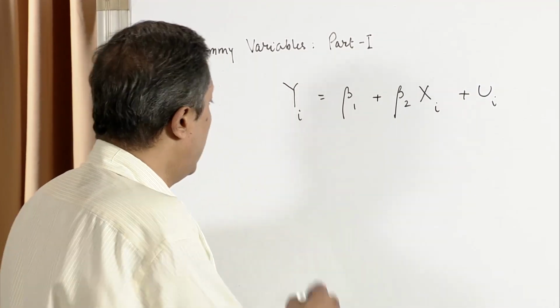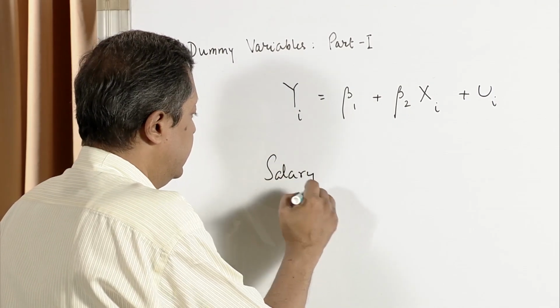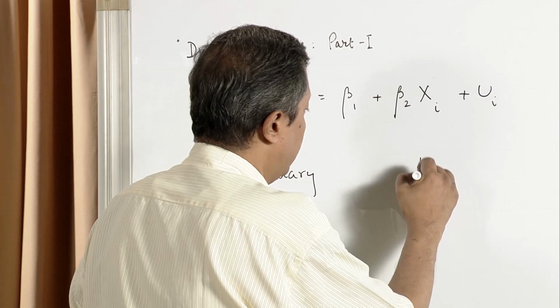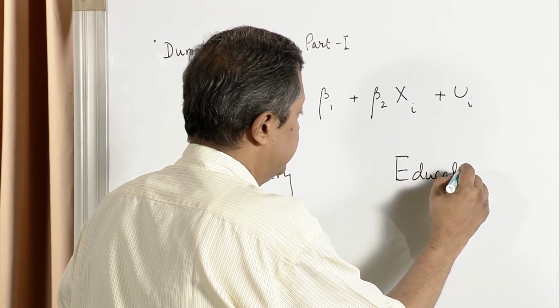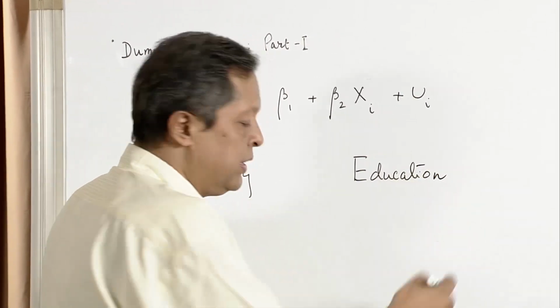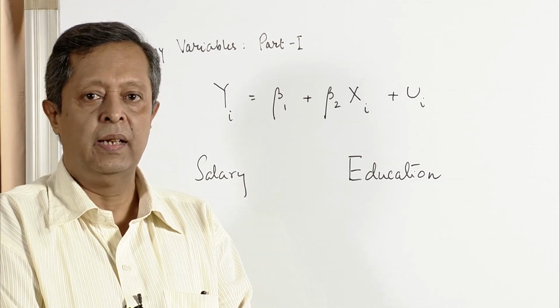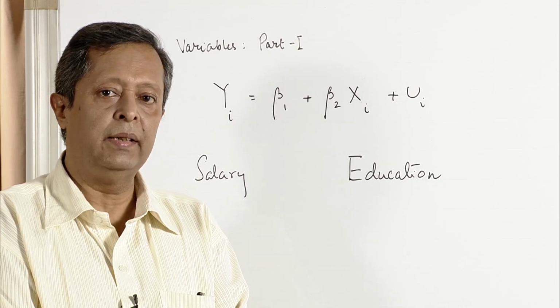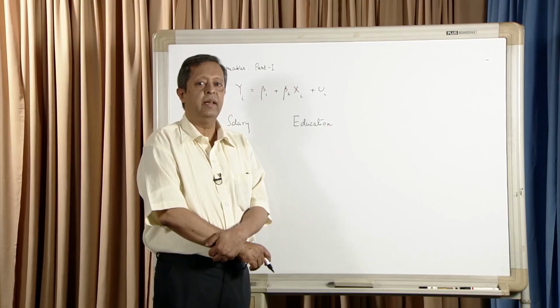For example, if y is salary, then x could be the level of education. So, we are trying to see whether the level of education makes any difference as far as the salary of an employee is concerned.